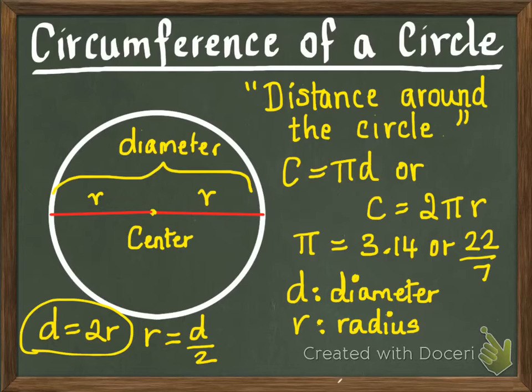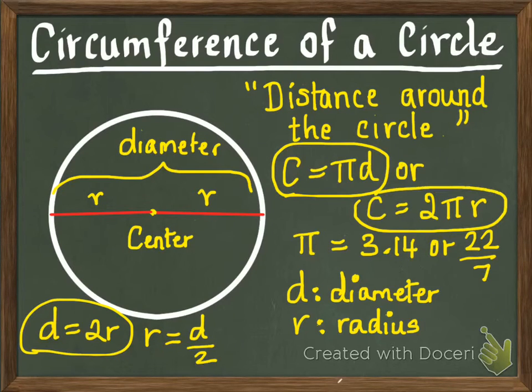So depending on the problem, if the question is asked in terms of diameter, you can use the formula C is equal to pi d to find the circumference of the circle. And if you were given in terms of radius, then you could use the formula C is equal to 2 pi r to find the circumference of a circle.